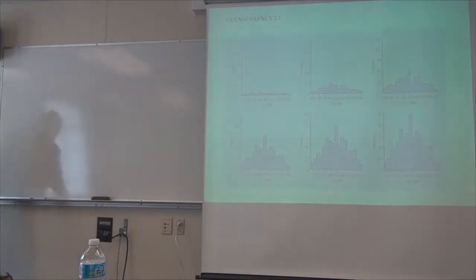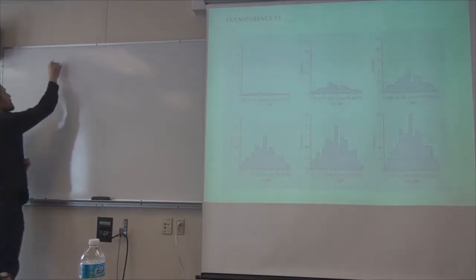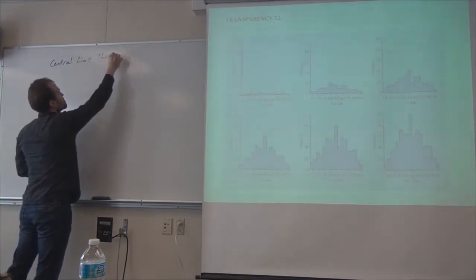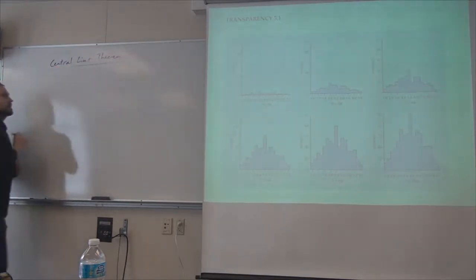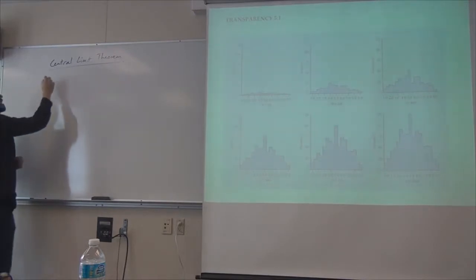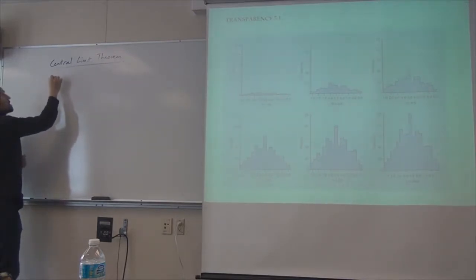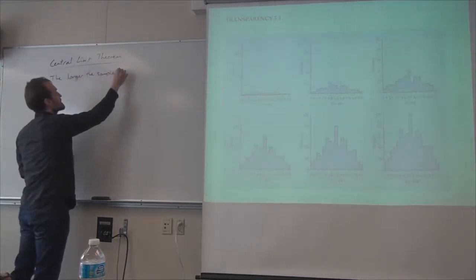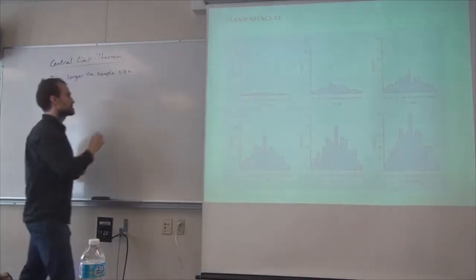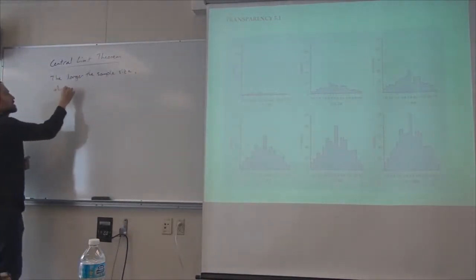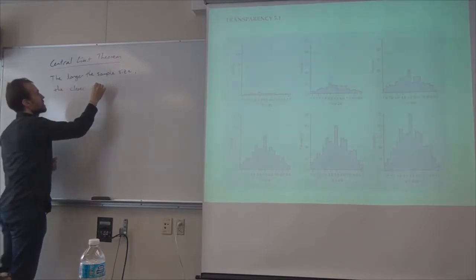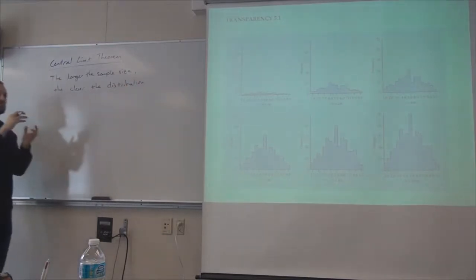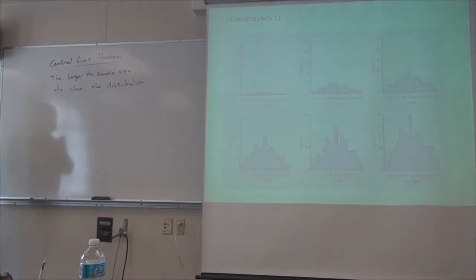So let me just summarize the central limit theorem here very informally. Central limit theorem: the larger the sample size, which is n in this case, the closer the distribution of all possible means coming from that sample size. All possible.